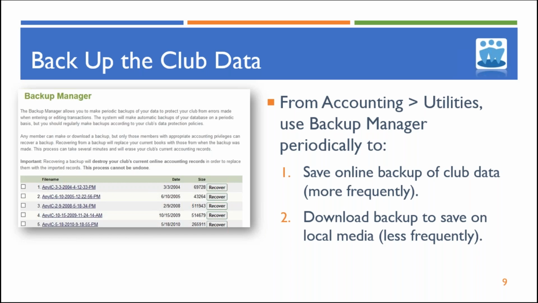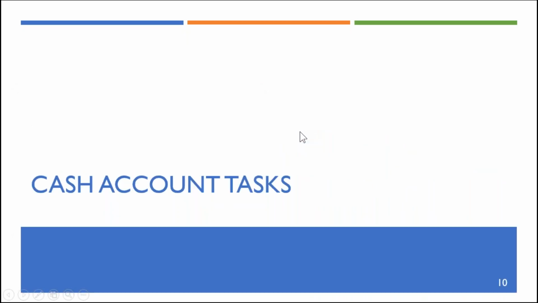On the other hand, we've had people who've reconstructed 10 or 15 years of history when they converted to the My iClub or Club Accounting 3 program, and so they might be comfortable with that level. But just keep that in mind, and the backup function is there for your protection.